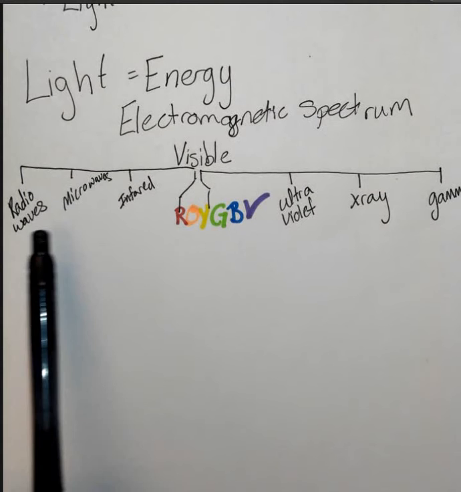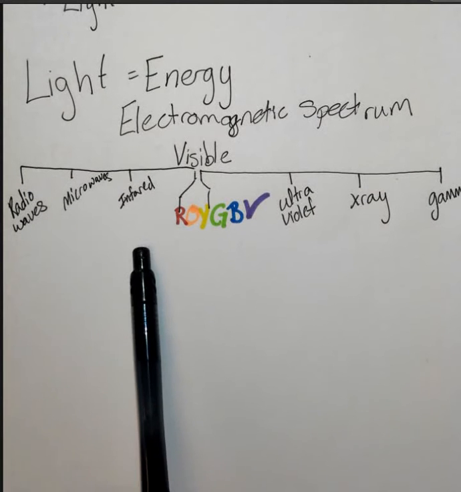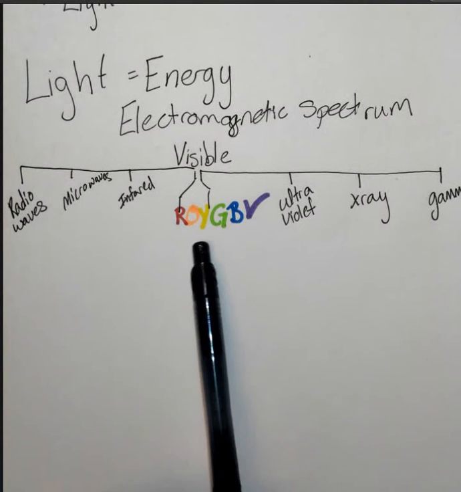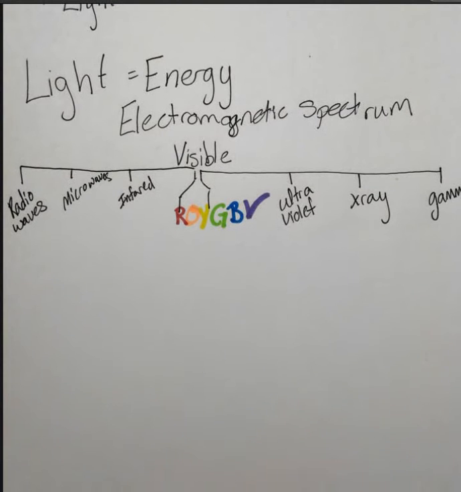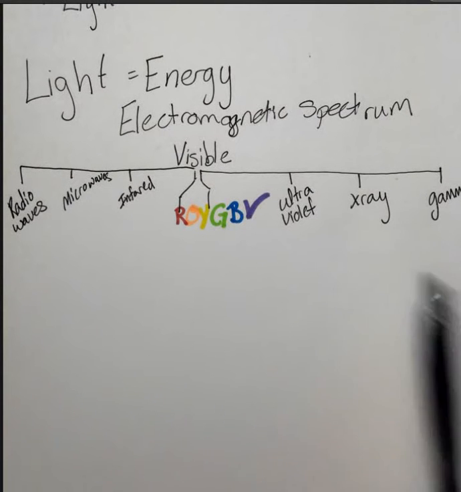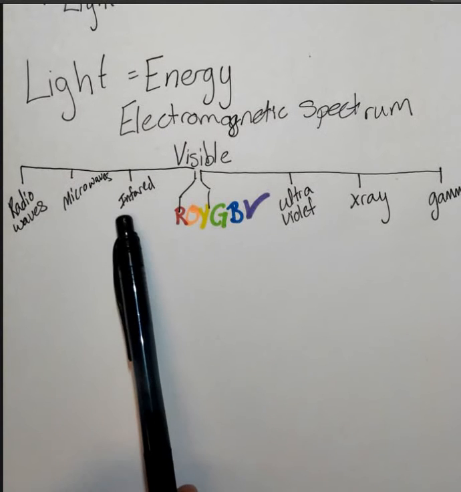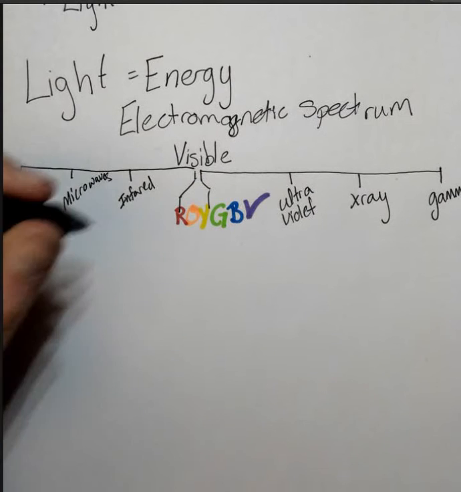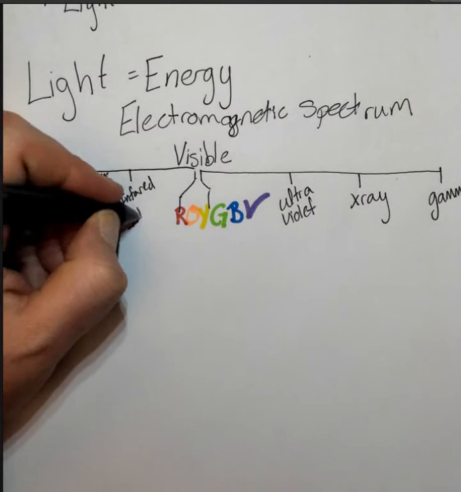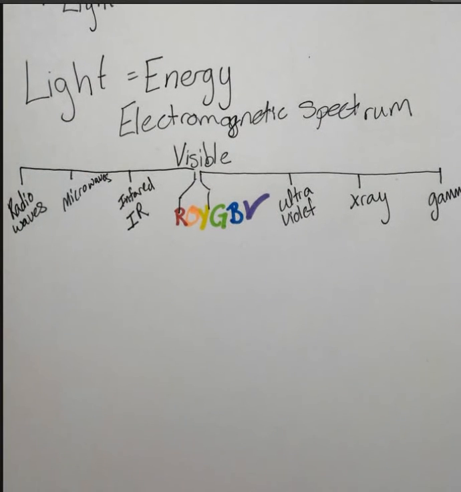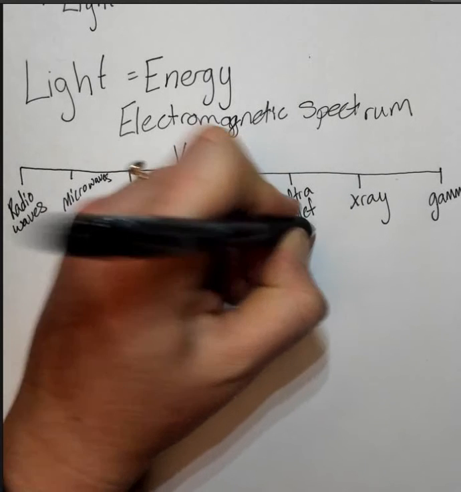Radio waves, microwaves, infrared, red, orange, yellow, green, blue, violet, ultraviolet, X-rays, gamma rays. Infrared, you probably recognize it as IR radiation, and ultraviolet you probably recognize as UV radiation.